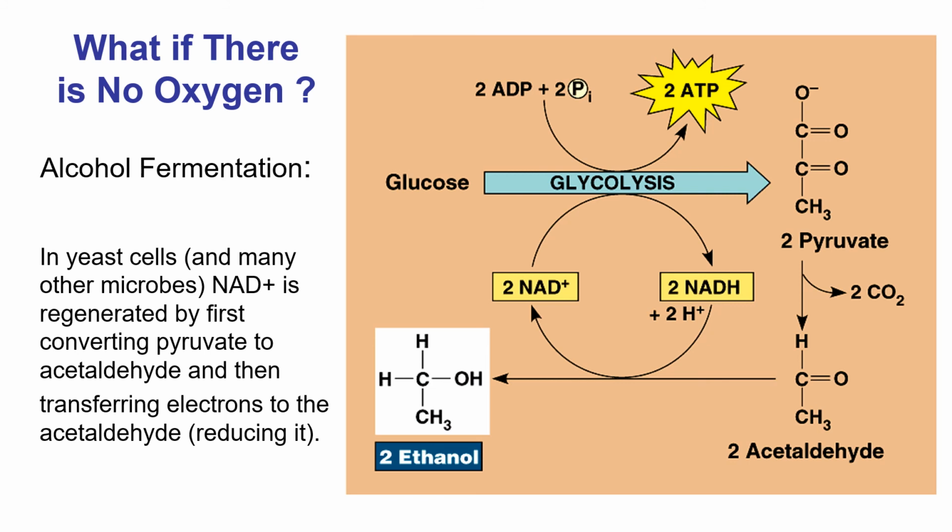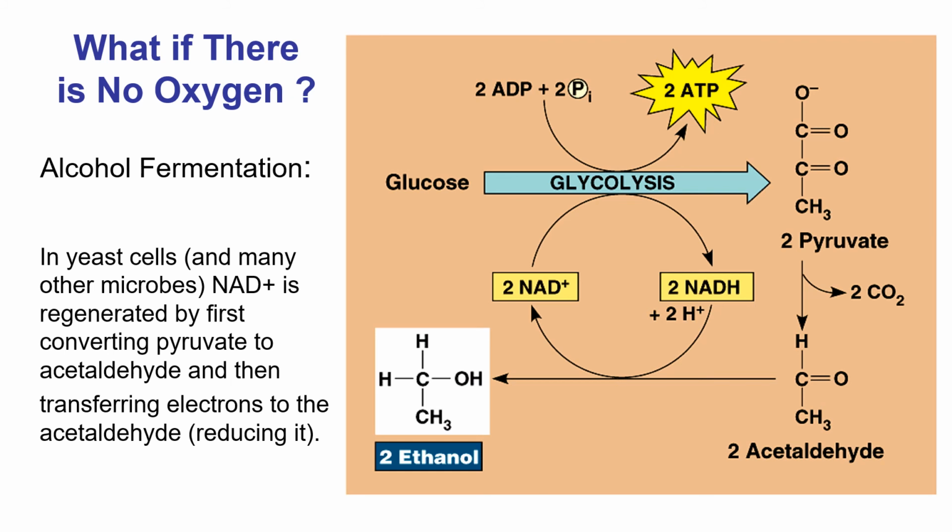If it doesn't, glycolysis won't move past that point. Glycolysis will shut down. So without removing those electrons from NADH to regenerate NAD positive, your cell will eventually run out of NAD positive and glycolysis will quit. So those electrons have to go somewhere. They have to be pulled off to regenerate NAD+.